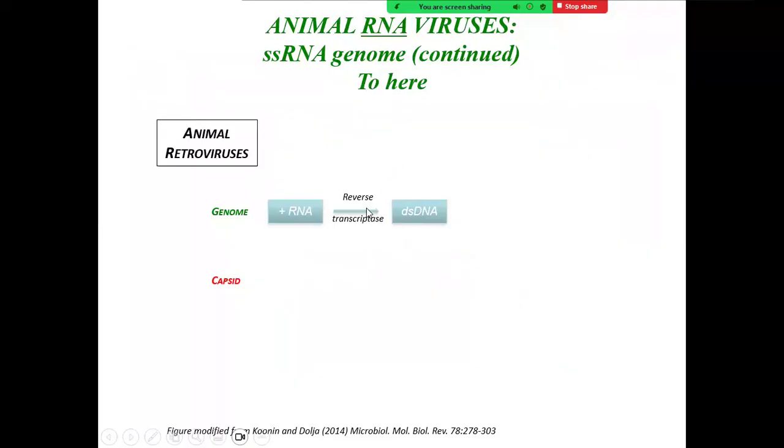This is only showing it in one step. First, it'll make single-strand DNA, and then the reverse transcriptase will use the single-strand DNA to make double-strand DNA. The double-strand DNA can be transcribed into positive single-strand RNA, which is both genomic, as well as the strand of RNA which can be read by the ribosomes to make capsid protein.